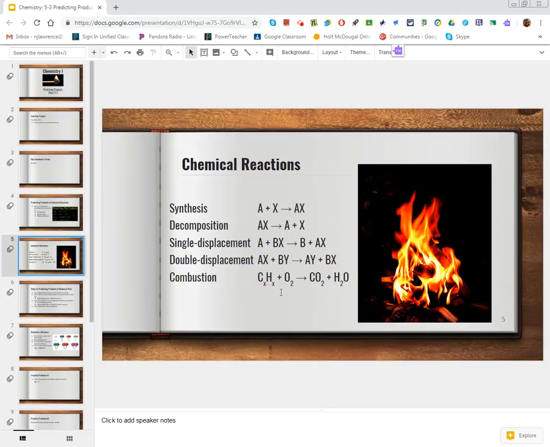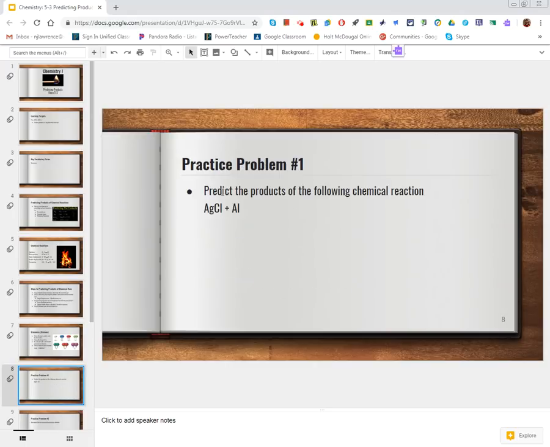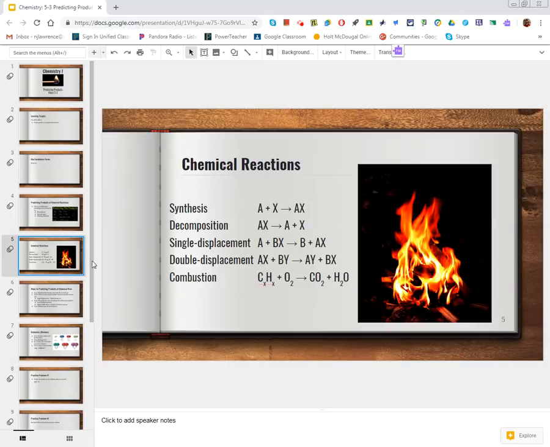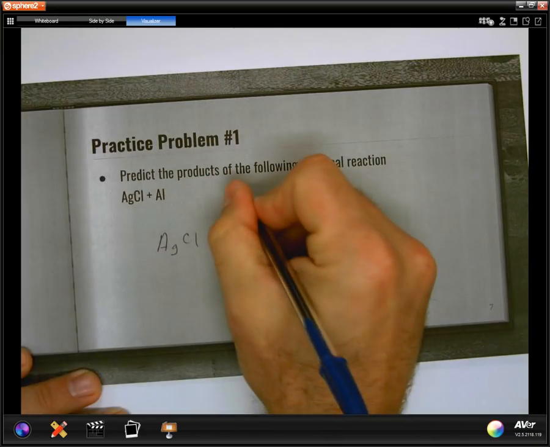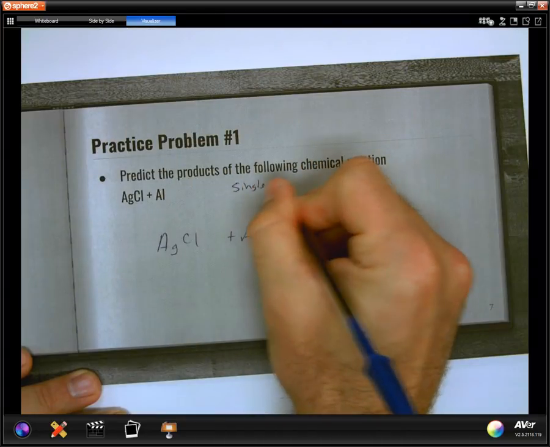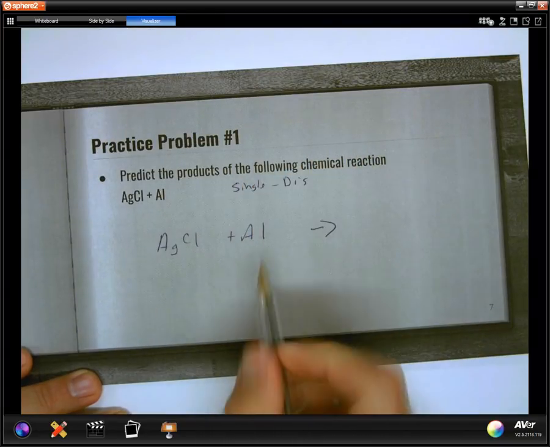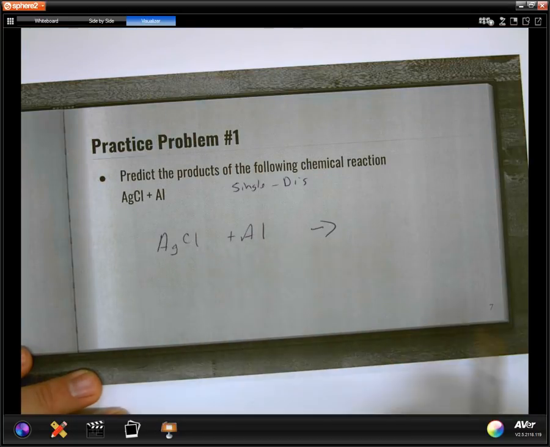Can you identify what type of reaction this is going to undergo? Okay, pause the video if you need to, but the answer is a single displacement. So I see that one element is going to replace this compound. I've got a compound and a single element, and so this is going to be a single displacement reaction where one element replaces part of the compound here.